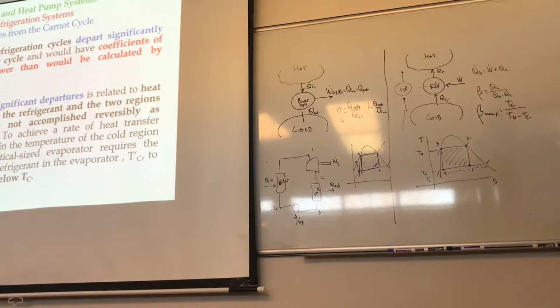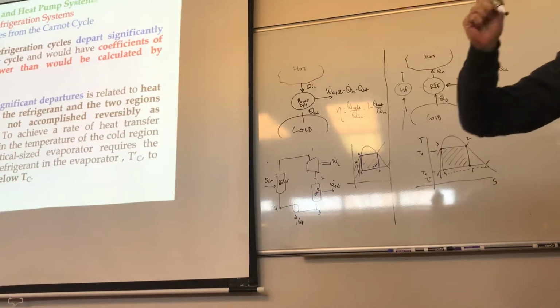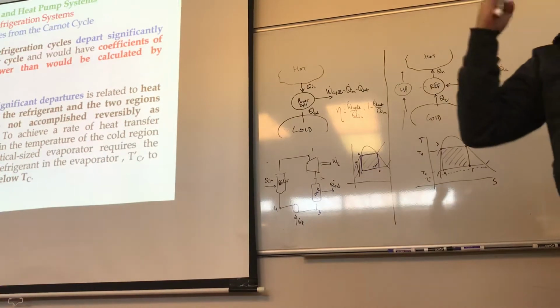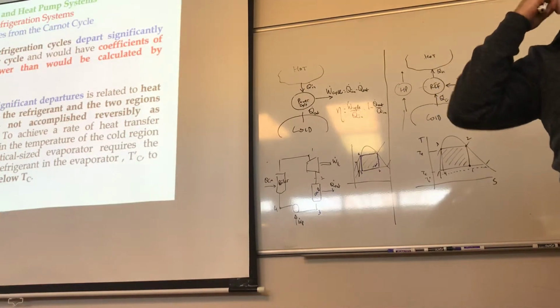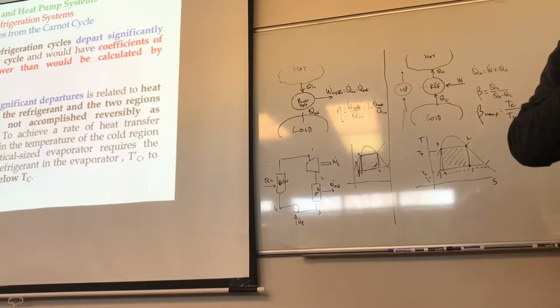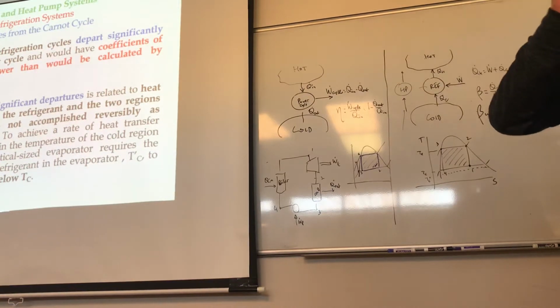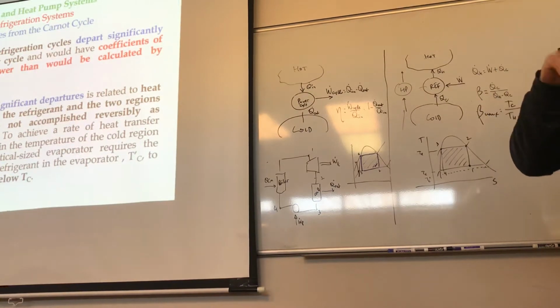Because if the surrounding is at a higher temperature than the refrigerant, then heat always goes from hot to cold. As we will see when you take the heat transfer class, it's one of the key things for heat transfer. In fact, each one of the three modes that we will be studying next term will depend upon temperature difference in one way or the other.